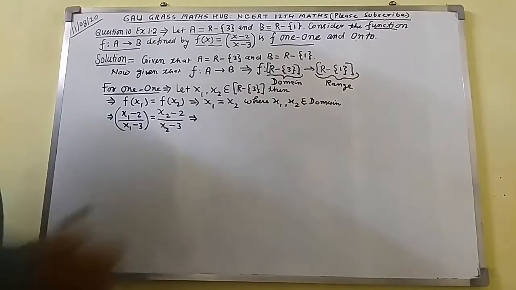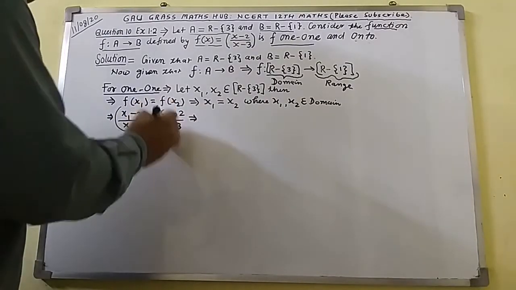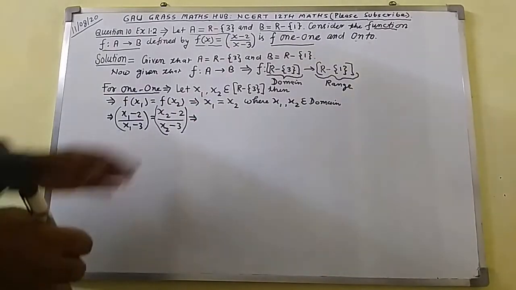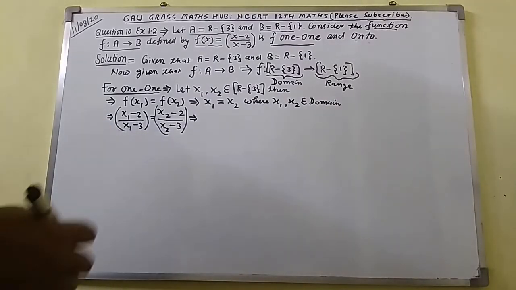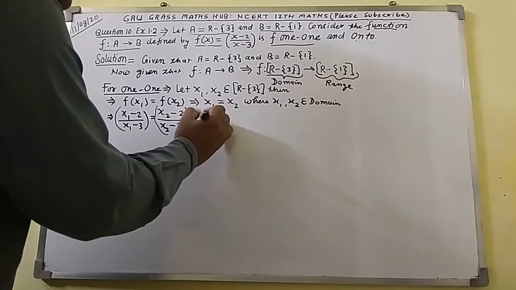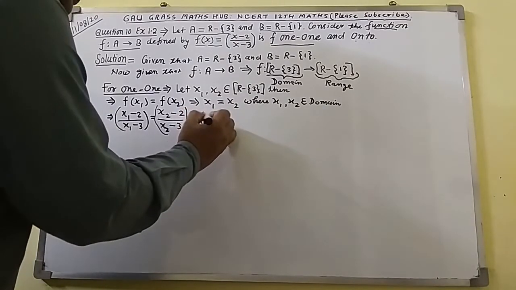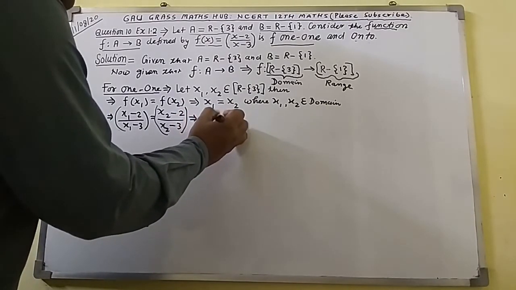Implies that, now simplify this one. Now things will be simplified. So this will become x1 minus 2.